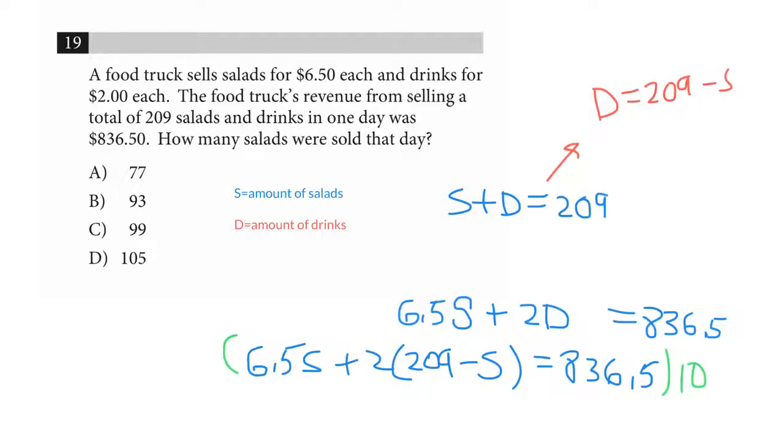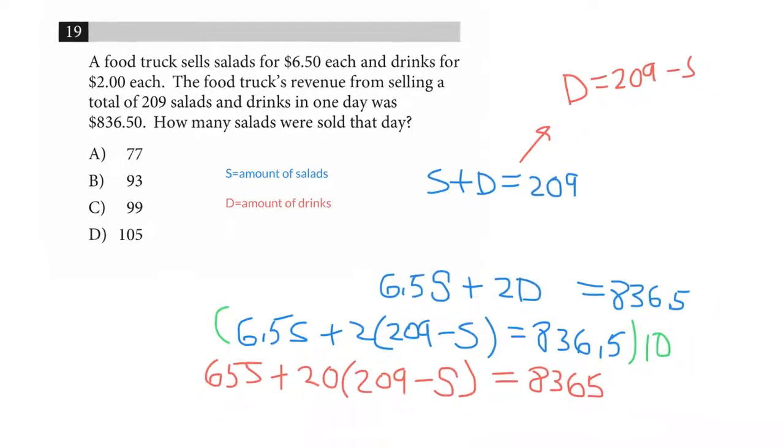That moves the decimal place over once. So that becomes 65S plus 20 times 209 minus S. Notice how when I multiplied this term by 10, it only affected the 20 on the outside. It doesn't affect what's on the inside. And then I have equals 8365.